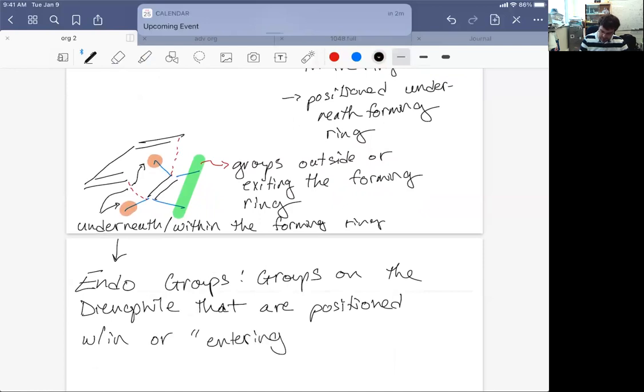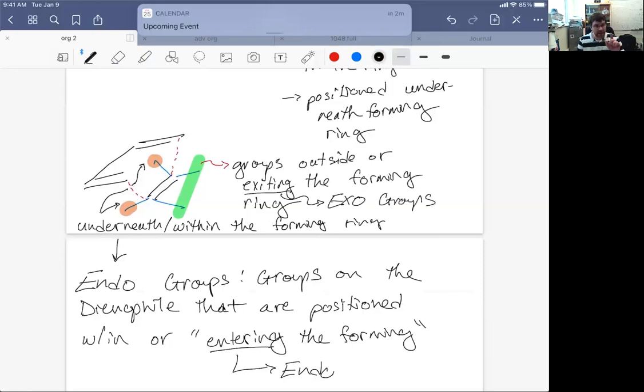So these groups are said to be entering the forming ring, and that's where this entering word is what we use to come up with endo, entering. Now, conversely, if they're exiting the forming ring, they are our exo groups.